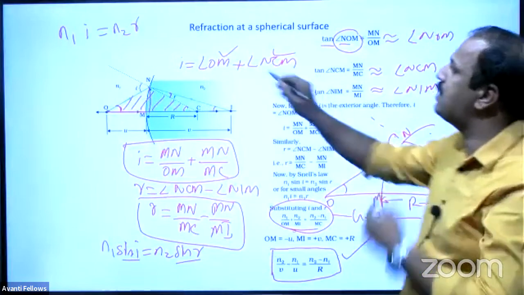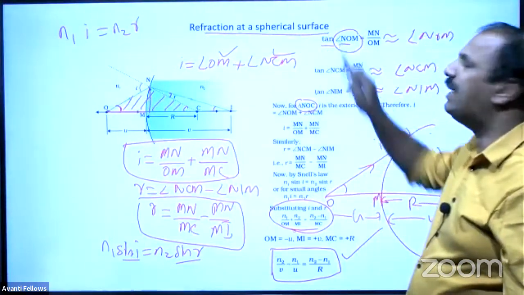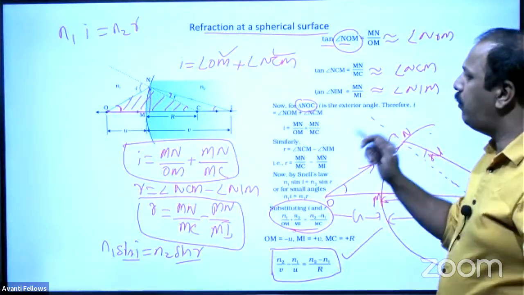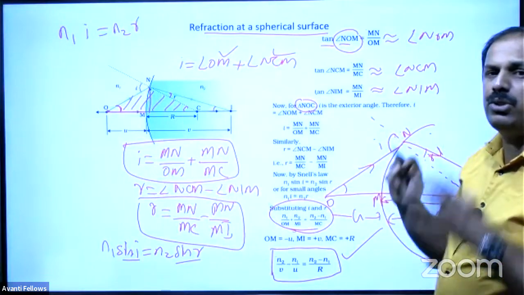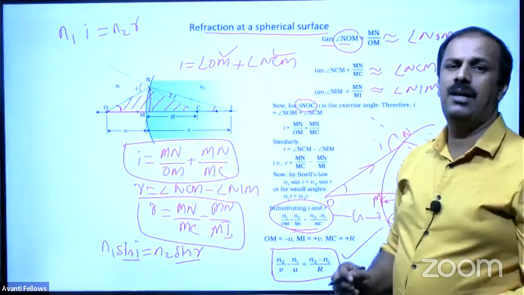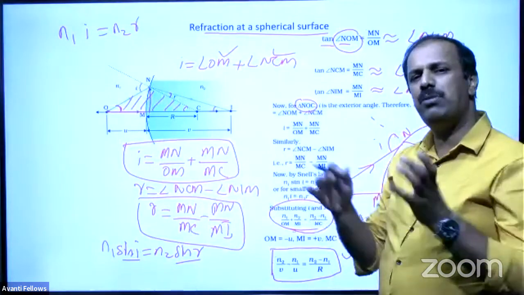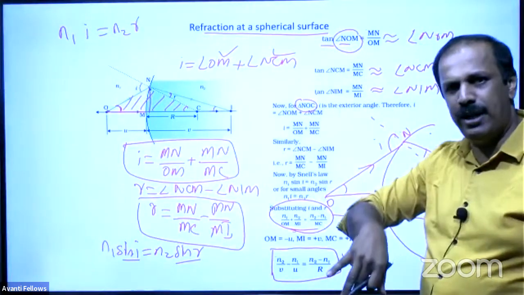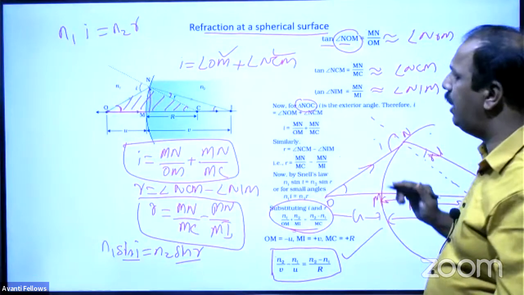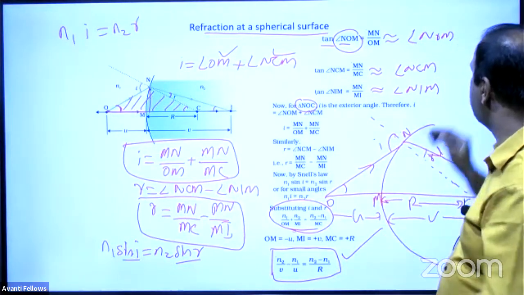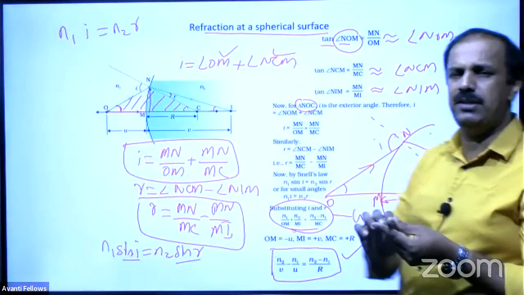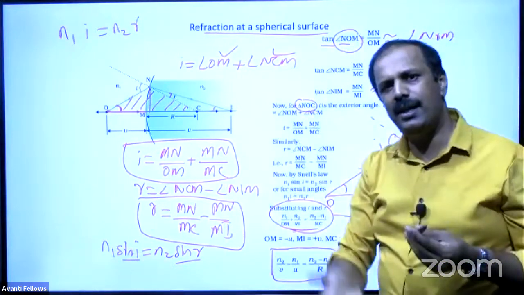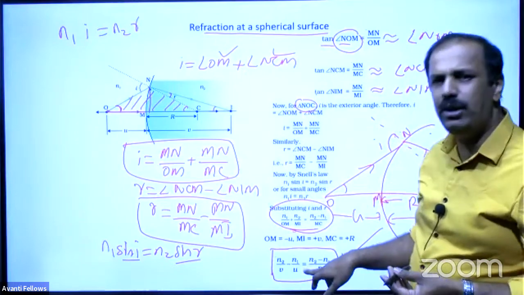Here we are discussing the refraction at a spherical surface. Actually, in our full derivation, we have to study the refraction by a lens. So in order to study refraction by a lens, first you have to take refraction by a spherical surface, that is one surface. In the case of a lens, you can see that a lens is actually two spherical surfaces, one spherical surface on this side and another on the other side.